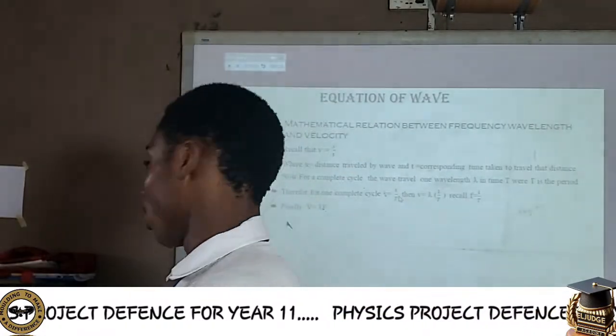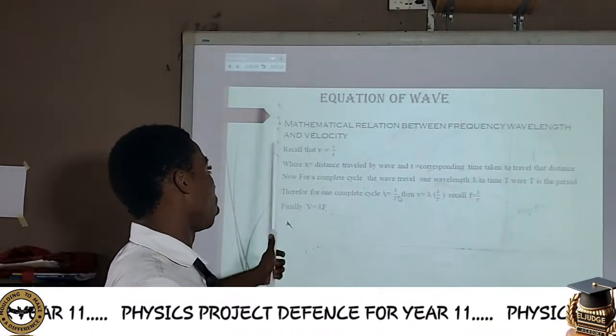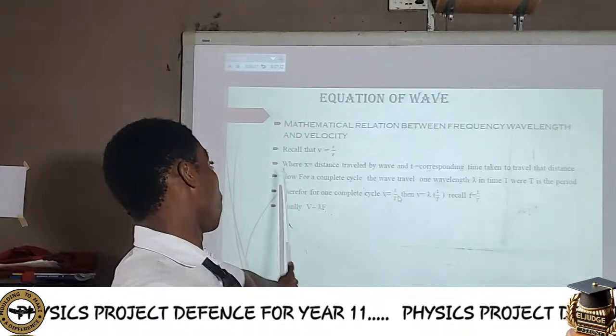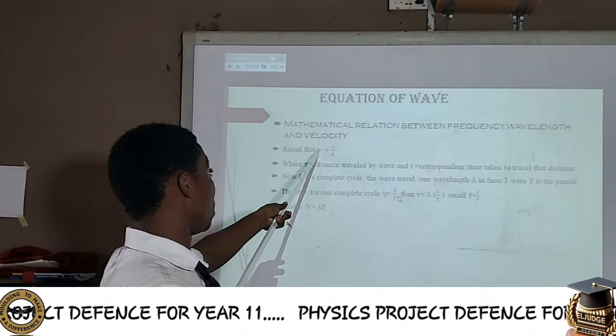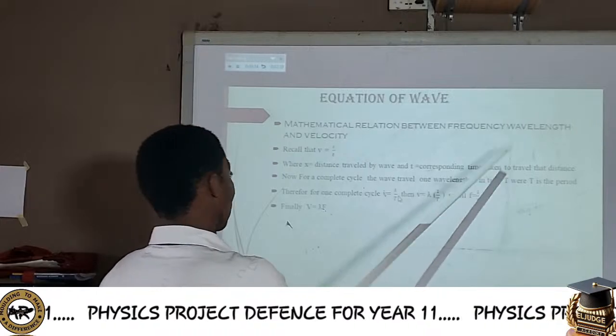Now I'll go to the equation of it. As you can see on the board, recall that v equals x over t from the formula for speed, where x is the distance traveled and t is the corresponding time taken.